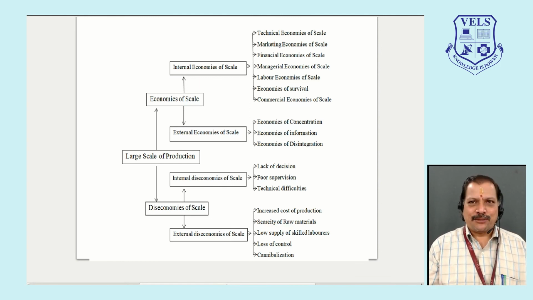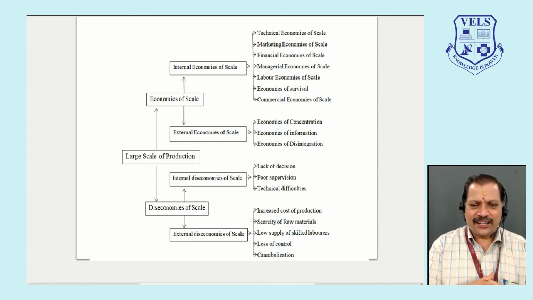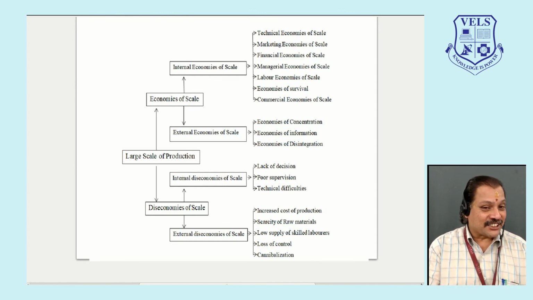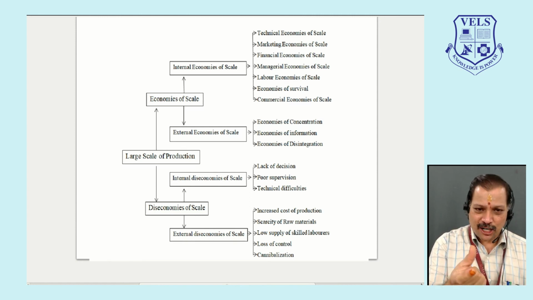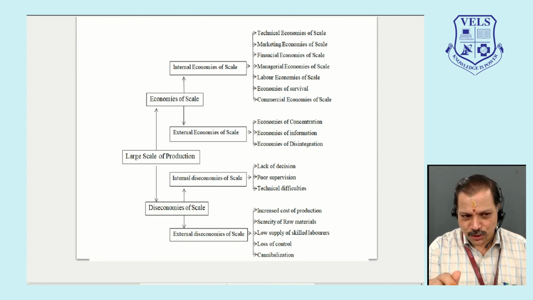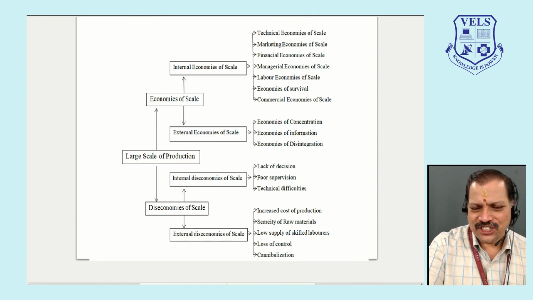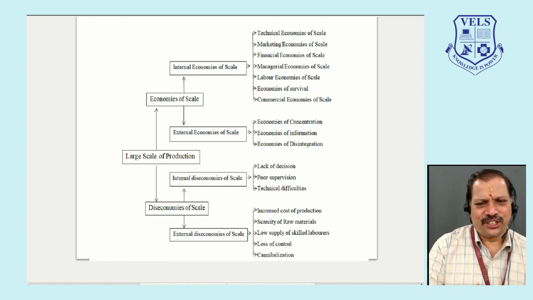Suppose they ask what the types of that are, then you have to write this particular flow chart or hierarchy in Section B. Suppose they ask in Section C, first you have to define what is economies of scale and what is diseconomies of scale, then you have to write this flow chart and give at least any 3 or 4 in each category. What is technical economies, what is marketing; write one sentence for each, that will do.